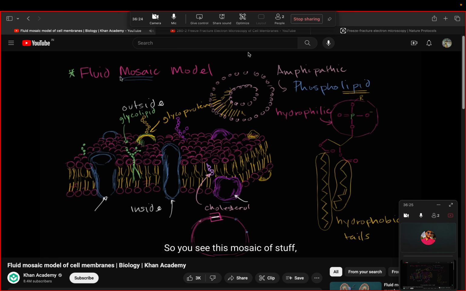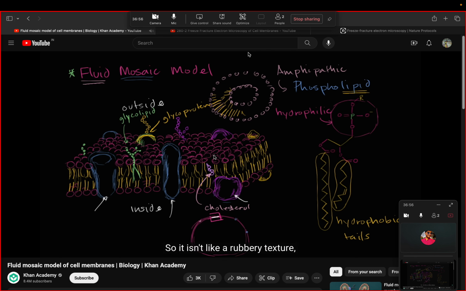So you see this mosaic of stuff, but what about the fluid part? I just talked about cholesterol's value in making sure it's just the right amount of fluidity. What's neat is this isn't a rigid structure. If this thing were to be jostled around a little bit, or plucked out somehow, the phospholipids would just spontaneously rearrange to fill in the gap. You can imagine these things are all flowing around; this membrane actually has a consistency of kind of oil or salad dressing.